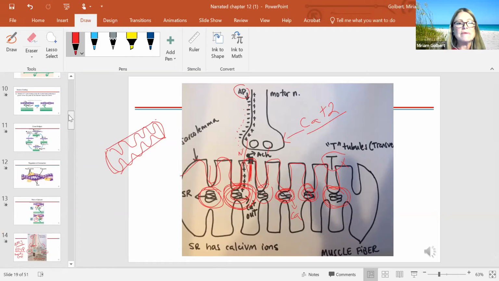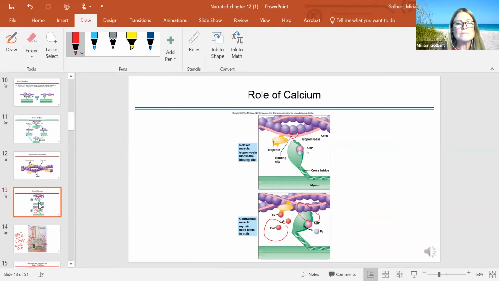So now that we have calcium, calcium is going to attach to troponin. Troponin, because it's attached to tropomyosin, is going to change shape and move tropomyosin away from the active site. And that leaves it free for the myosin head to attach to actin and that causes a cross bridge.